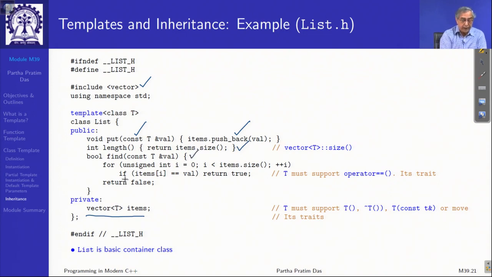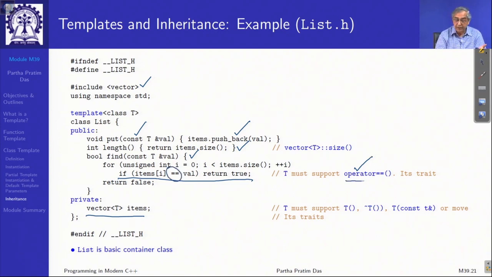Find, we can go along, this is just doing a linear scan and find out if that element exists. If it exists, it will give you true, otherwise it will give you false. And you can see by the side that when I do this, I require the equality operator to be available to compare two values of t, otherwise I will not be able to do this comparison.